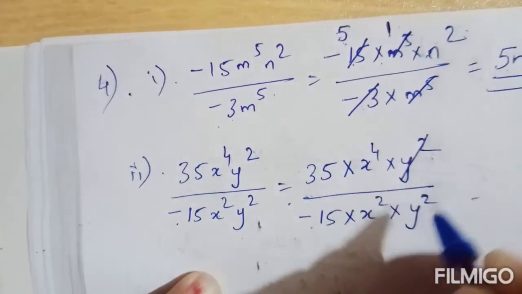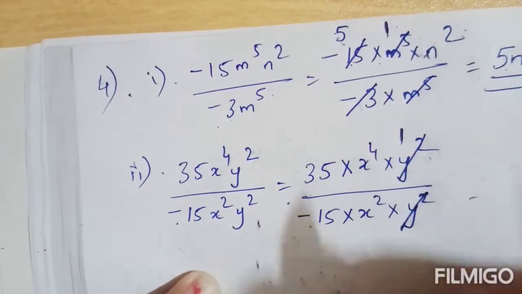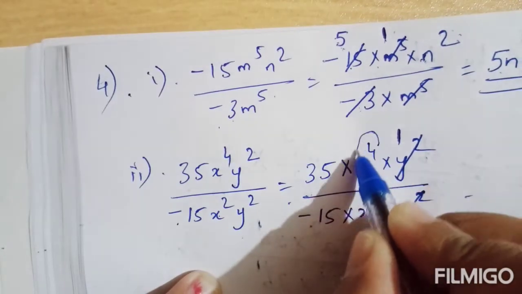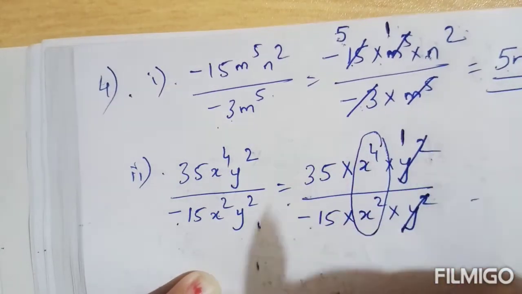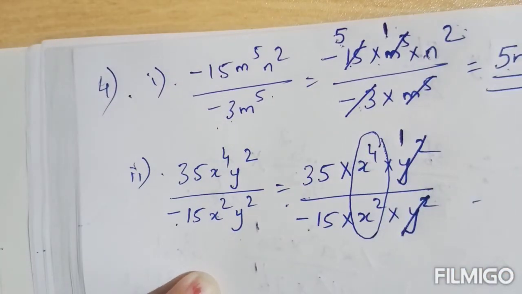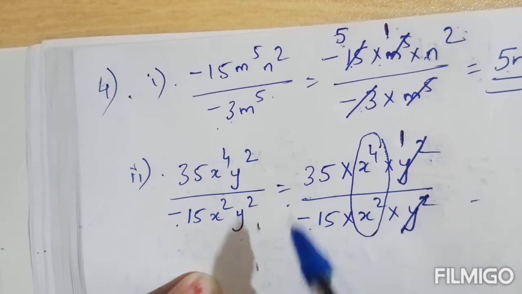Now y square you can cancel, it is 1. x raised to 4 and x square, you can use the quotient law here. You can divide these two exponents using the quotient law, since they are exponents having the same base.